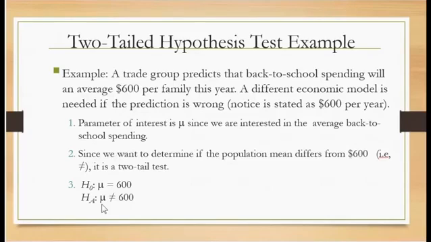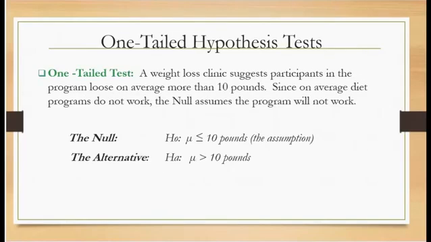Now, if we wanted to set up an example of a one-tailed hypothesis test, here we could use something like this. We've got this weight loss clinic, and of course we know that weight loss is, just as it is stated, loss, not gain. So a weight loss clinic suggests participants in the program lose on average more than 10 pounds. Since we assume the average diet programs really don't work, the null assumes that the program will not work.